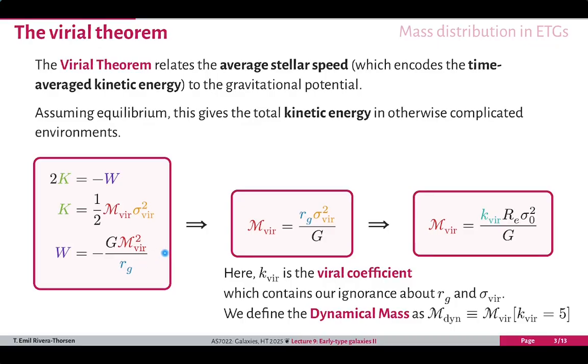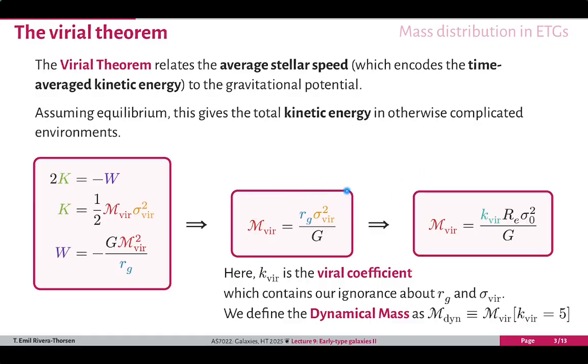But what we can do then is that using this equation and these two formulations, we can equate these two right sides, and we get this expression where the virial mass equals the gravitational radius times the virial velocity dispersion squared divided by the gravitational constant.